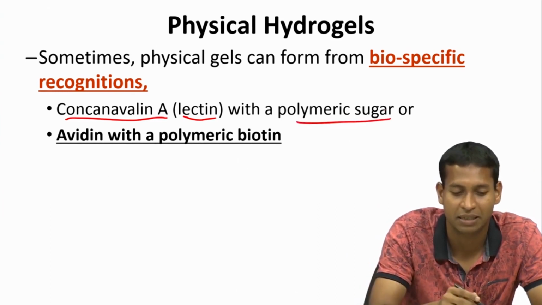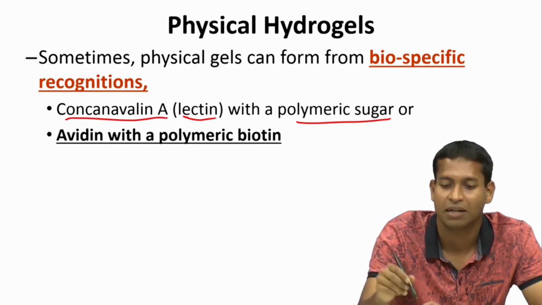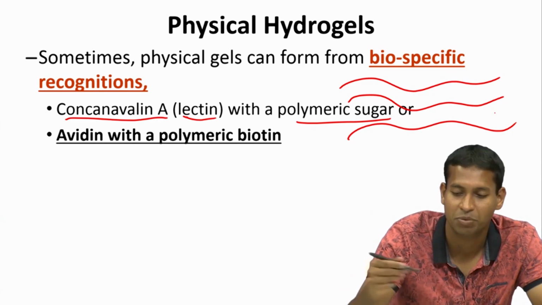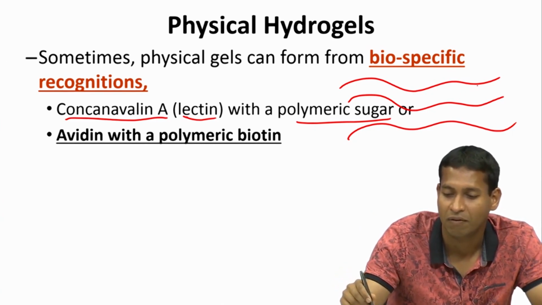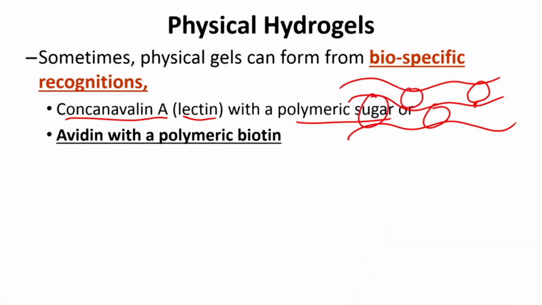If you mix this lectin with this polymeric sugar, what will happen is, let us say this is my polymeric sugar which is large, and this protein is fairly small. Once this protein binds to this chain on one side, it will tend to bind to another chain, and then you can have several of these proteins at several locations acting as a cross linker, and that essentially causes the gel to form.